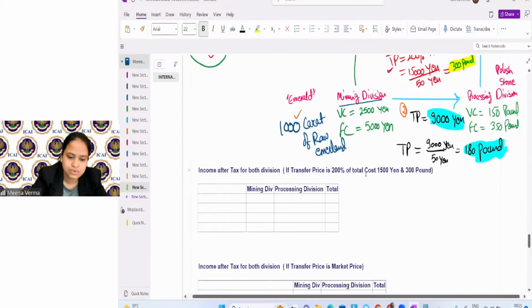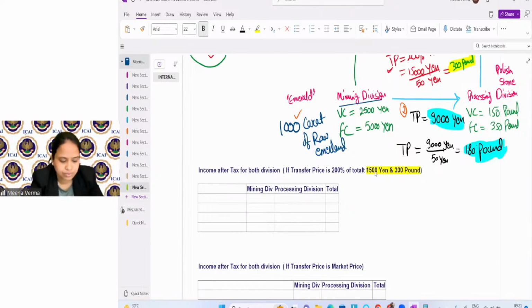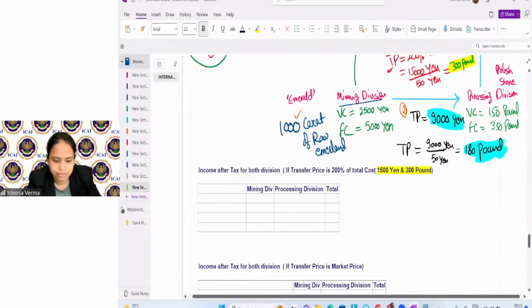Okay, this is what we are assuming as the transfer price. So the transfer price is this.